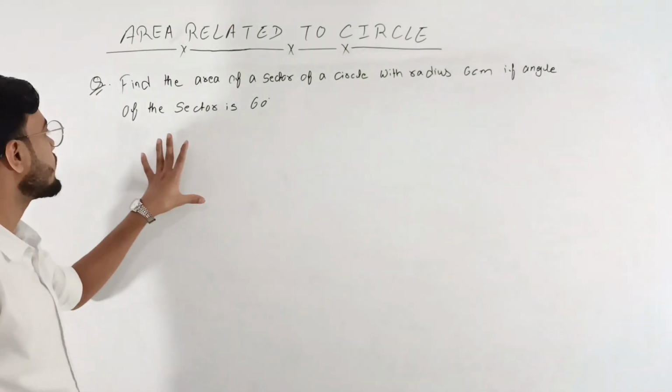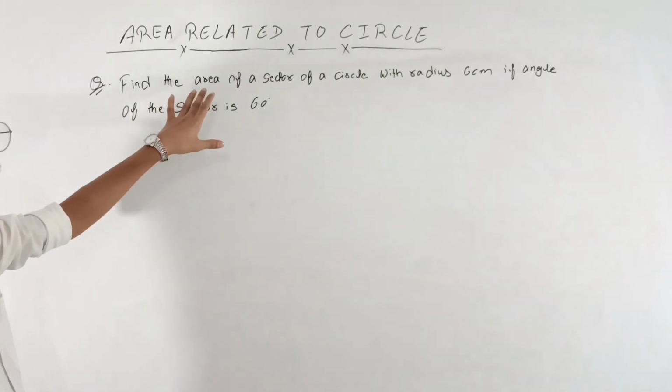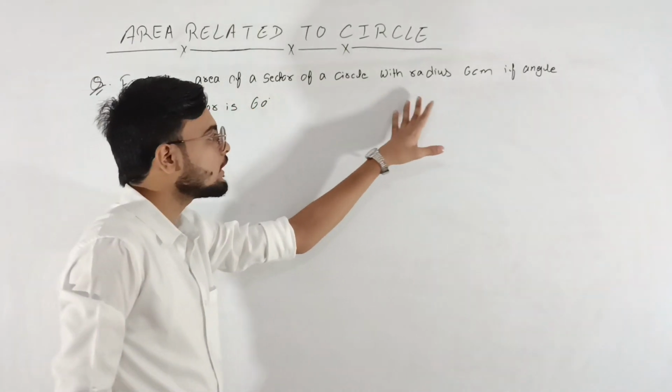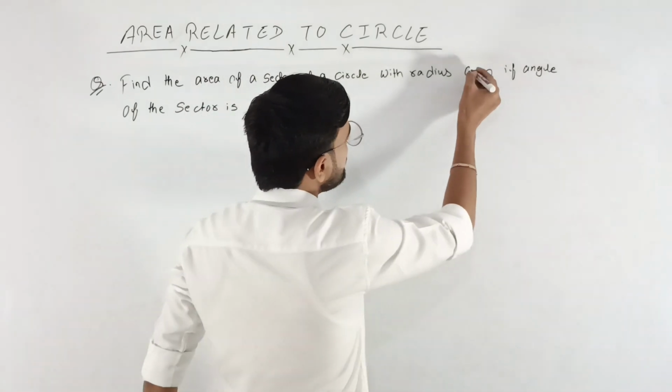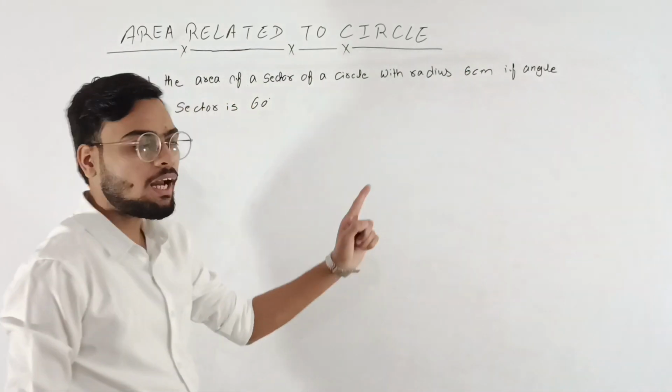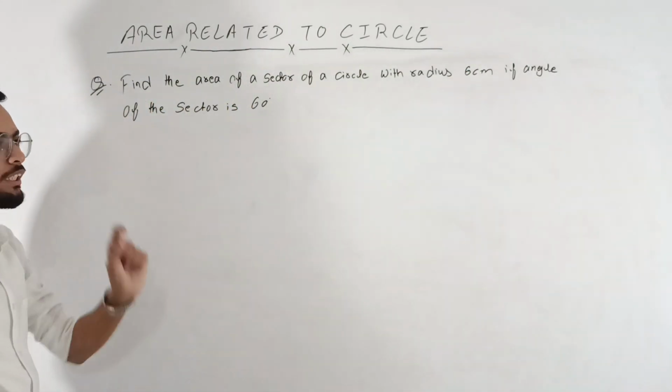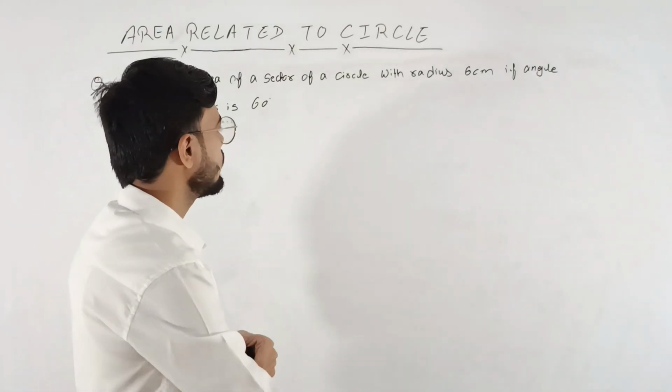So look, this is our first example. The question is: find the area of a sector of a circle with radius 6 centimeter. This is 6 centimeter and the angle of the sector is given, that is 60 degree. We have to find the area of the sector.